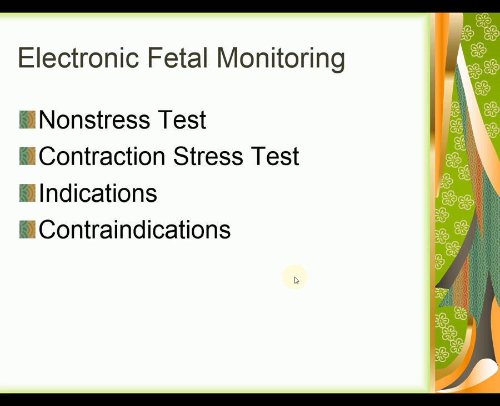A contraction stress test is where you put your patient on the monitor and you want to induce her into having contractions, and you'd like for contractions to be about every 3 minutes for a period of time. You can do this in one of 2 ways. You can start an IV and do oxytocin, start your Pitocin, or you can do nipple stimulation, which you can have the daddy help out with that one if you want, or you have to teach the mom how to do the nipple stimulation stress test.